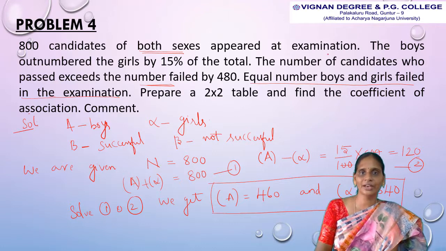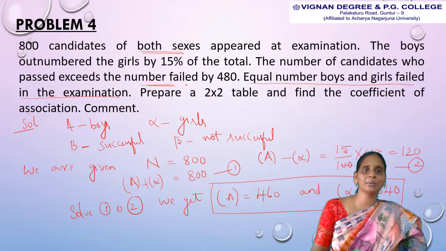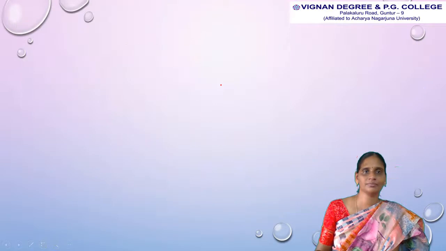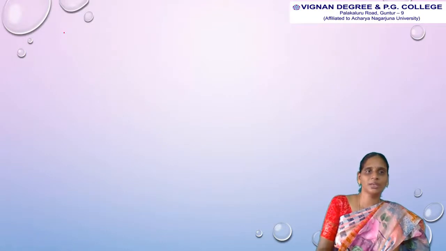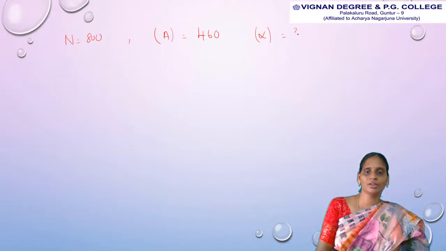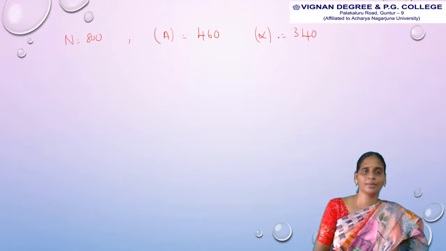First we have to find out the number of candidates who passed exceeds the number failed by 480. We are given capital N is equal to 800, and we solved frequency of A is 460 and frequency of alpha is 340.